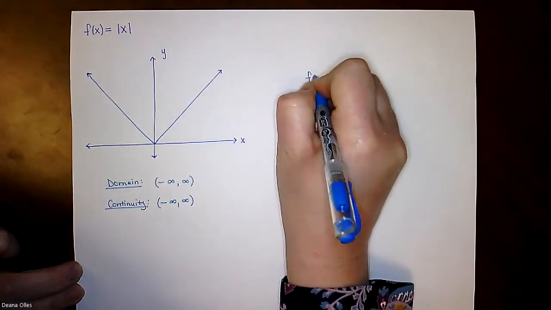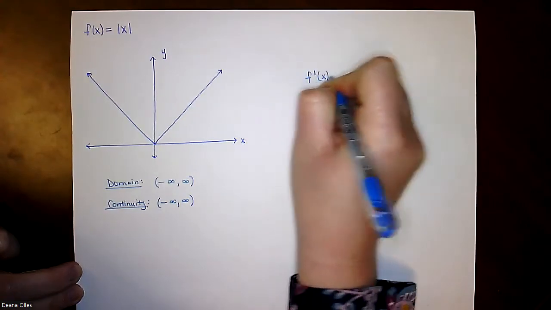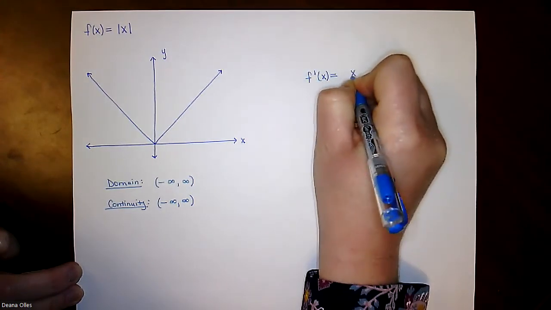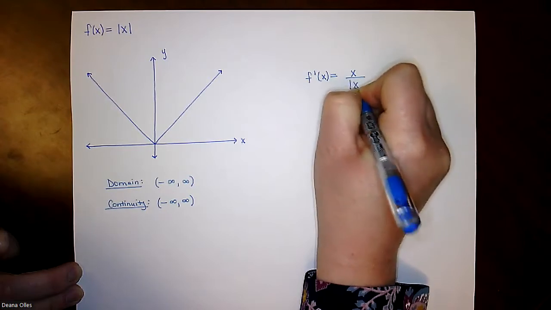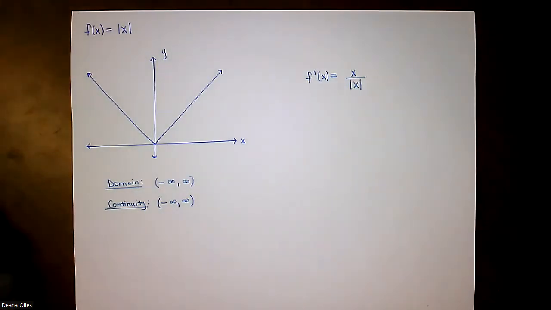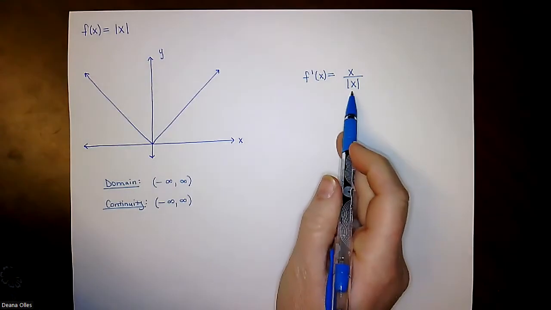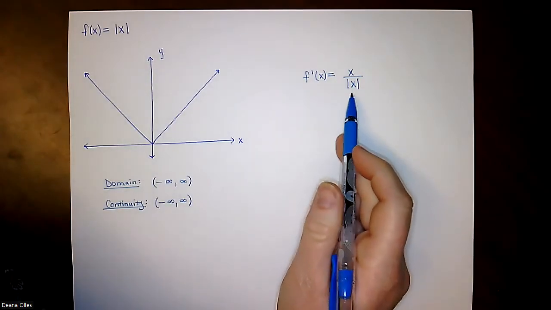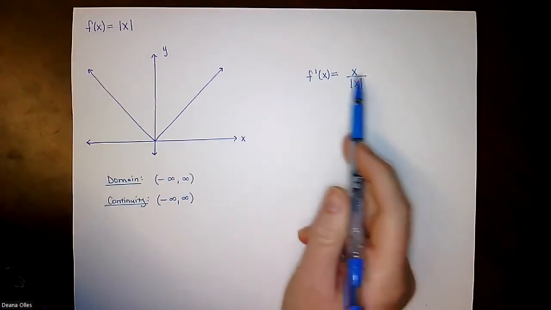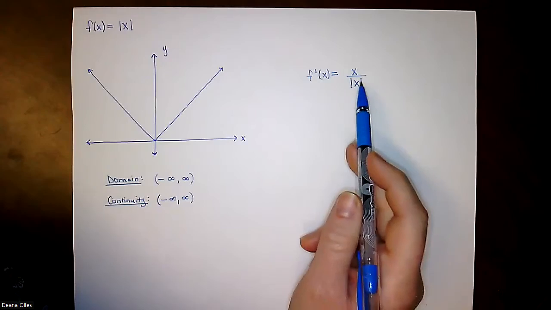If I take the derivative of my function, I get x over the absolute value of x. And way back in the beginning of unit 1, we talked about the limit definition of the derivative. We talked about limits of functions that look like this, and we realized that there is some discontinuity in this function.